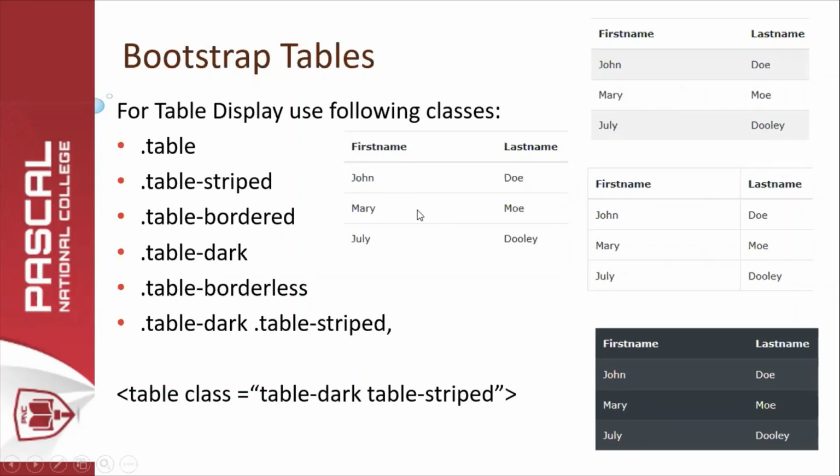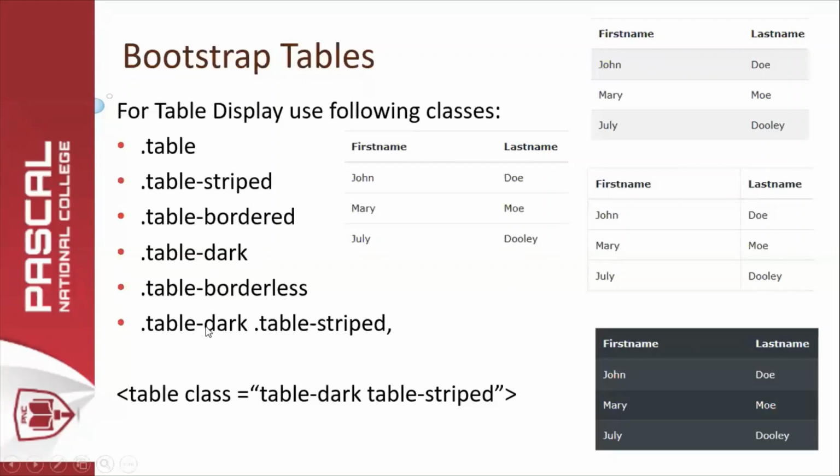Similarly, table-striped gives you alternate colors, some gray color, white, and then again gray. Similarly, table-bordered will give you a table structure with borders. Similarly, table-dark will give you this dark nature of your table. This example uses table-dark and table-striped.